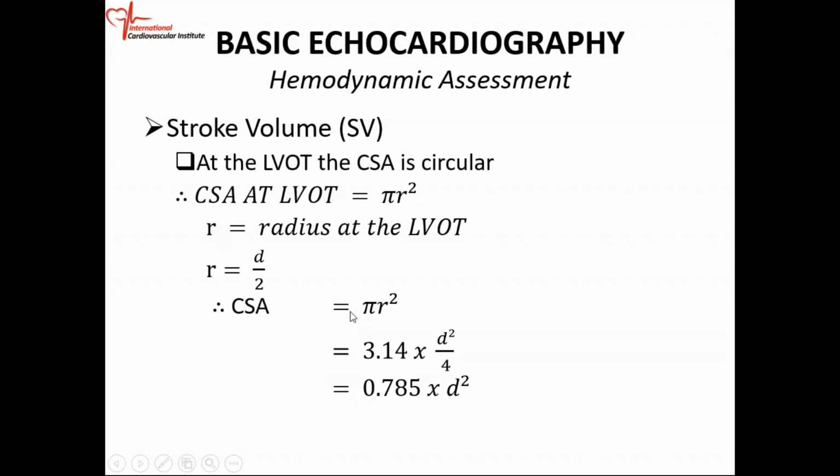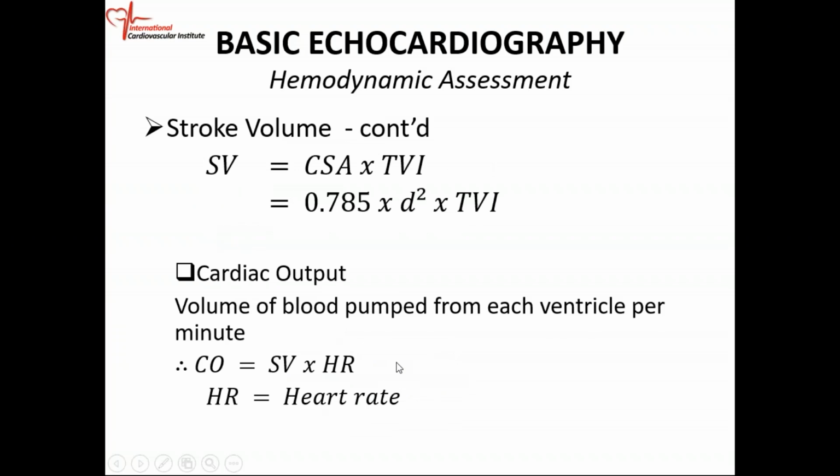So this, you have to know this, okay, because you need it. So stroke volume is equal to the cross-sectional area times the TVI. TVI is time velocity integral, and you get that from the left ventricular flow tract. Okay, you put your PW just a little bit outside of the left ventricular flow tract.